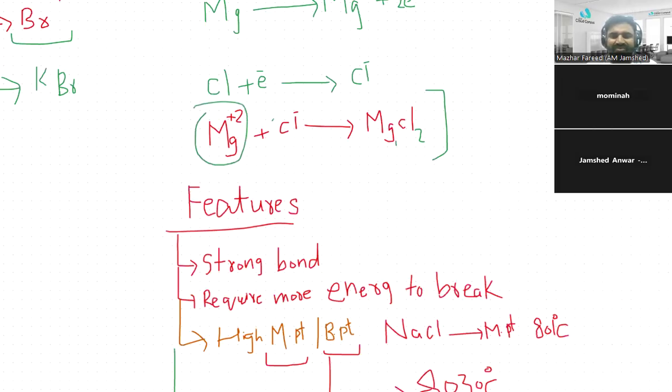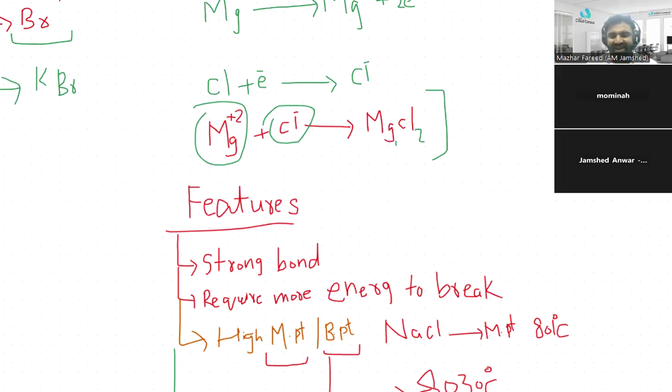So when you have the ability to break this bonding, you can separate these ions. When you have these free available ions, then you can conduct electricity through ions.